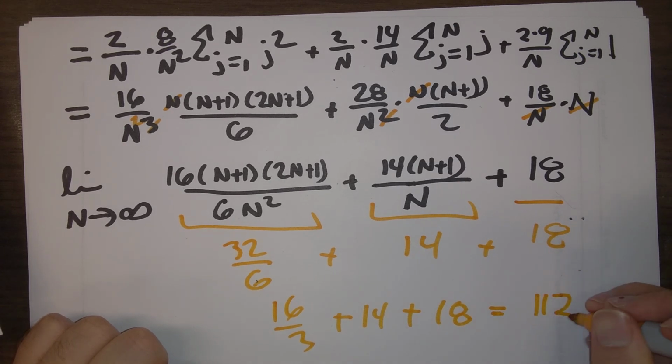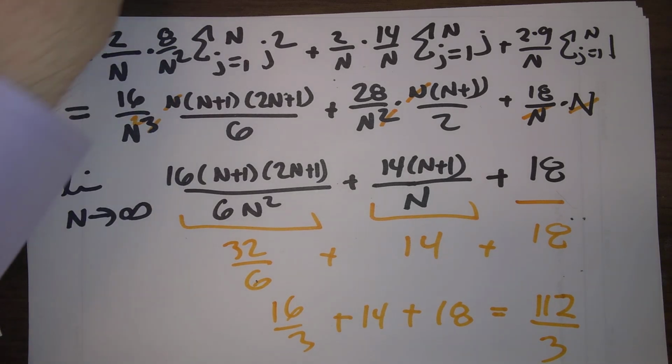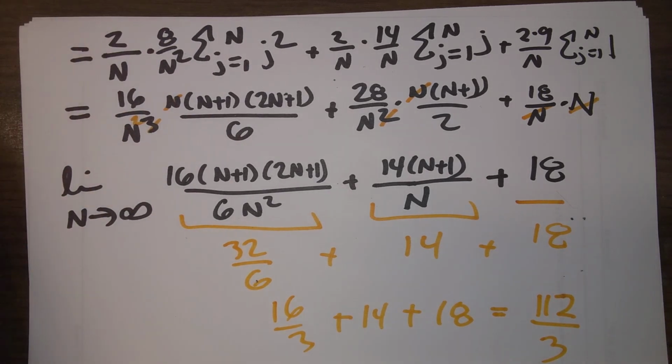So I guess that ends up as 112 over 3. So this is how we can use our approximations and summation notation and our power sums to quickly compute the area under the graph of this function.